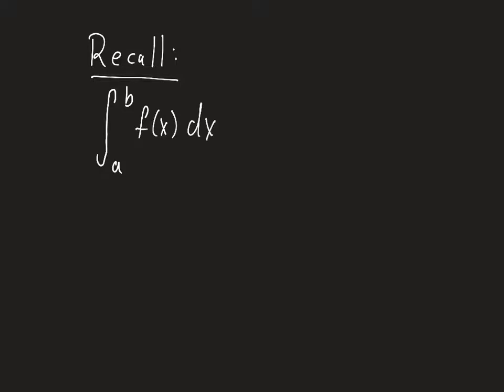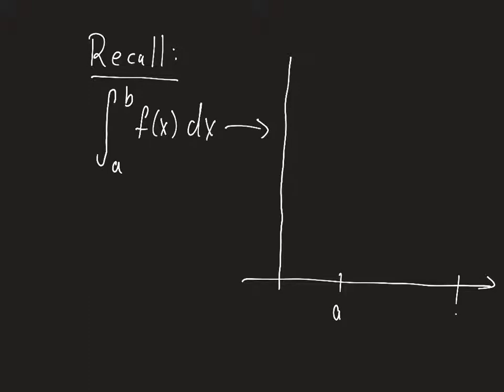So recall that this geometrically corresponds to the following quantity. Let's say that this is the value a. Let's say that this is the value b. Let's say that we have our curve f of x looks like this. This is f of x.